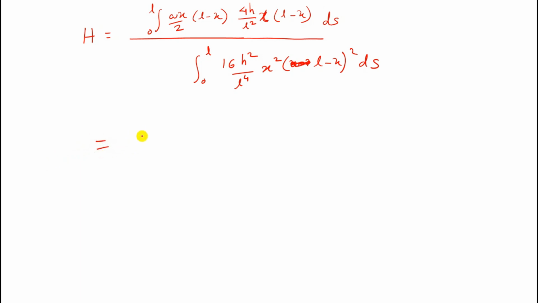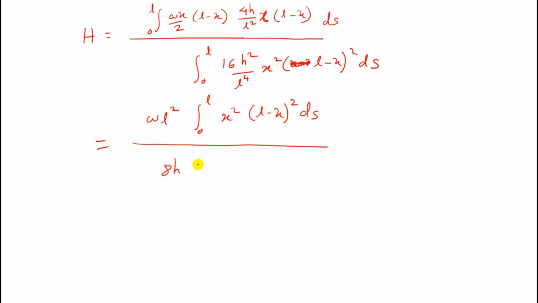So if we simplify this formula, this will be like that: W L square, integration 0 to L x square into L minus x whole square ds, and h integration 0 to L x square L minus x whole square ds.